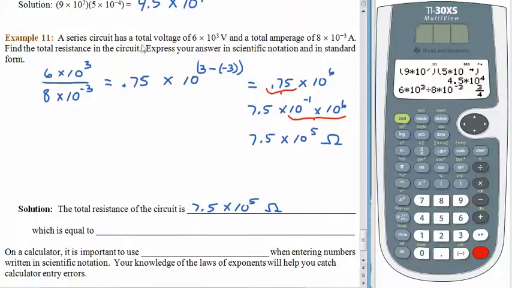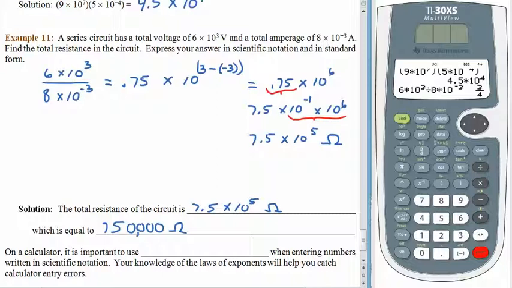If you felt like writing this out, you could. 7.5 times 10 to the 5th is 7. The decimal point has to move 5 spaces to the right, so we have to go past the 5, and then we'll need 4 zeros as placeholders. So that'd be like 750,000 ohms. So there we go. We want to use our brains in conjunction with the calculator.